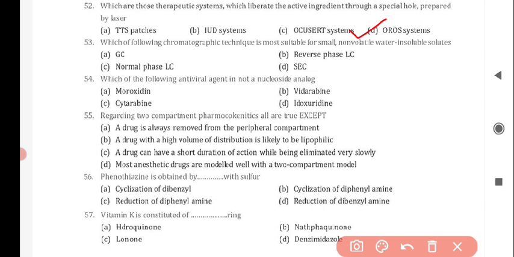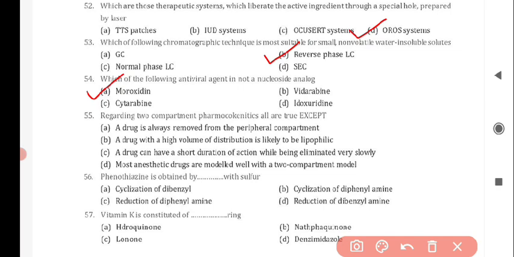And the correct answer is option B, that is reverse phase liquid chromatography. Next question is, which of the following antiviral agent is not a nucleoside analog? And the correct answer is option A, moroxidine.